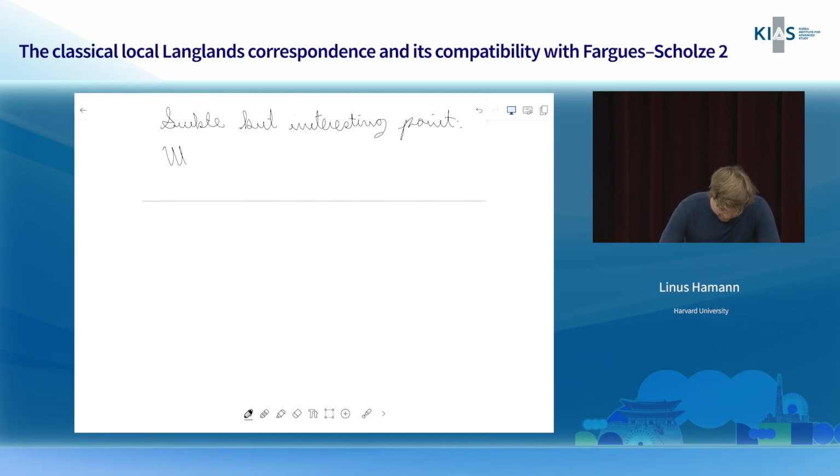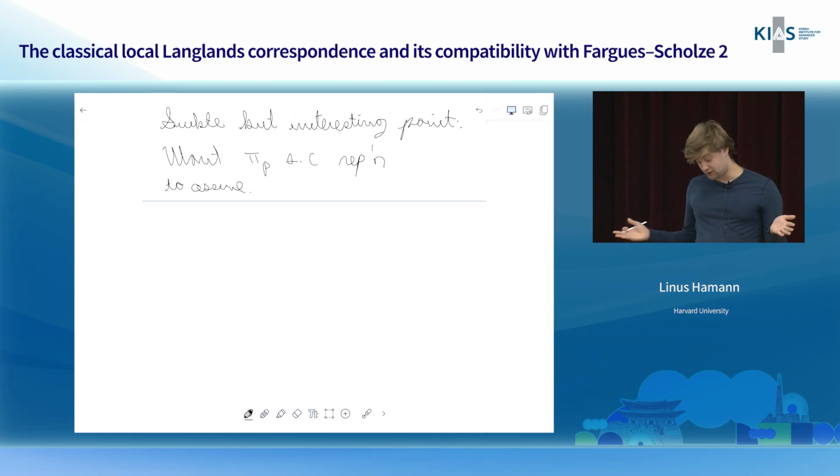So you really want pi b to be a supercuspidal representation. So we want to assume this.